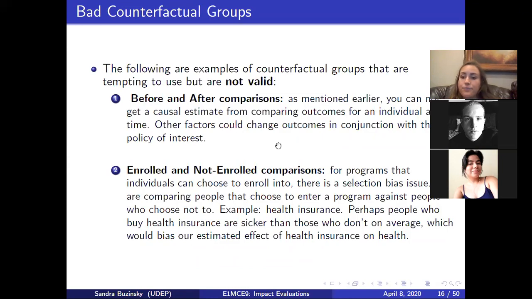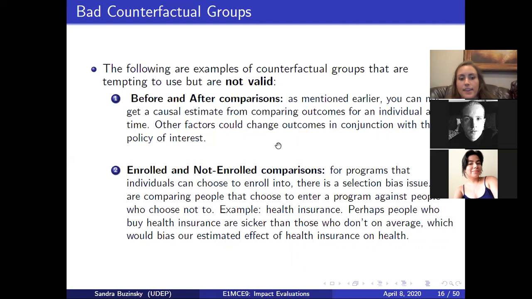That's because while we're not worried about selection bias, since we're comparing against one person and so we assume their qualities are the same over time, we're concerned about other things changing over time, such as the economy, maybe other policies, and other things.